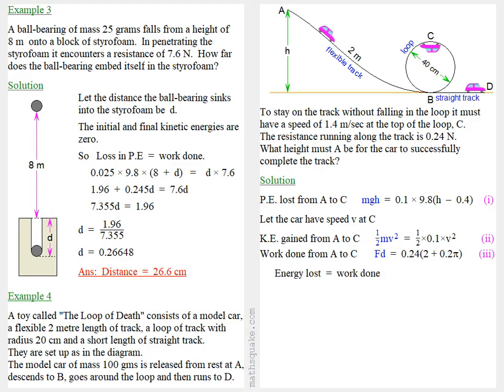Now the energy lost is equal to the work done. The energy lost is the potential energy lost minus the kinetic energy gained. So that's Formula 1 minus Formula 2, and that's equal to the work done, which is Formula 3.